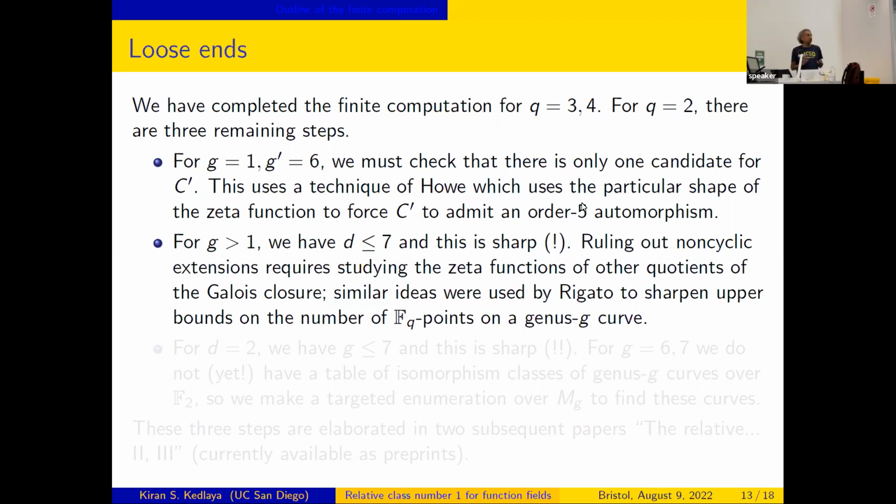There aren't so many of those. You find other curves in that tower of fields, and you examine the point counts of those. This is an idea that's been used by Rigato in the problem of bounding numbers of points on curves. But getting it up to D equals 7 requires some elaborate representation theory. You have to worry about A5 and A6.